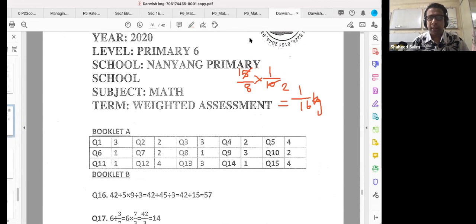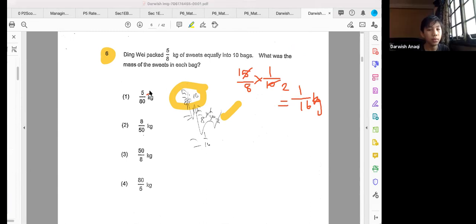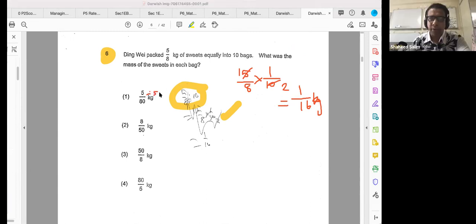Number 6, they say the answer is 1. Number 1. Okay. And the answer is correct, number 1. You know why? Because when you divide by 5, you get 1. You divide by 5, you get 16. So you're just almost getting it, Darwish.